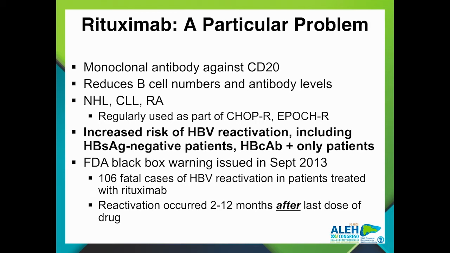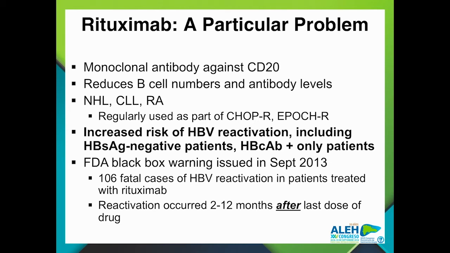It's a monoclonal antibody against the CD20, which reduces the number of B cells and suppresses the immune response. It's commonly used now in non-Hodgkin's lymphoma, in CLL, but also in rheumatoid arthritis. So our rheumatology colleagues need to be aware of this.